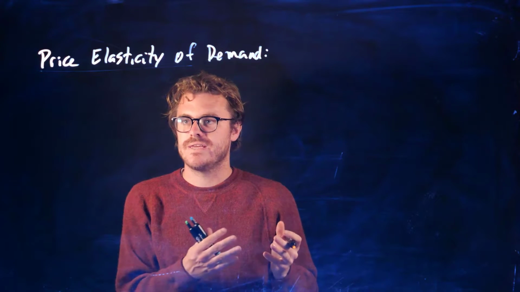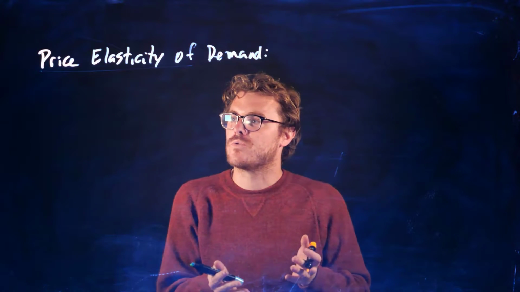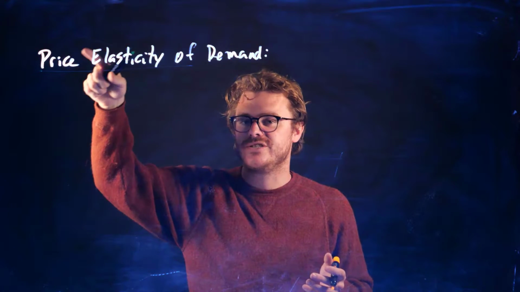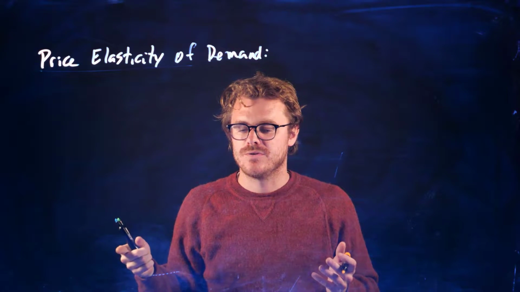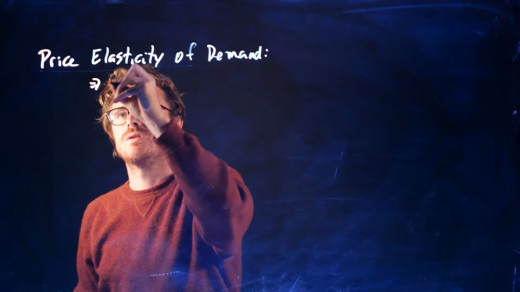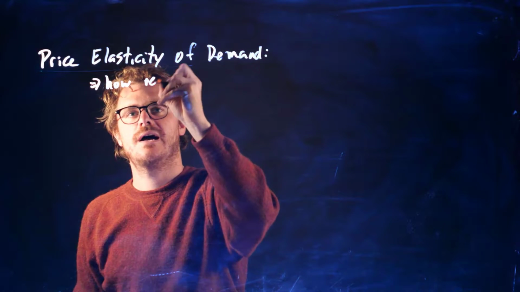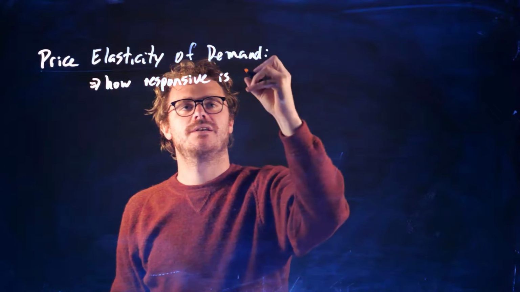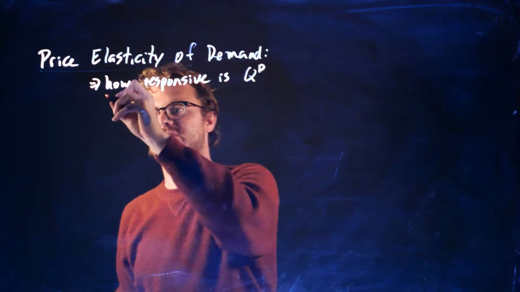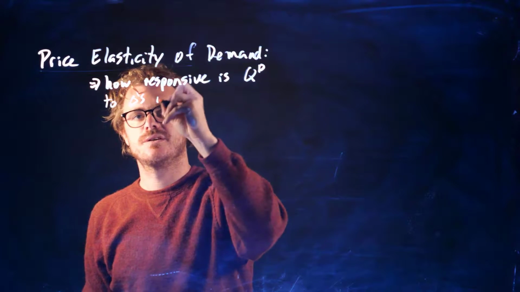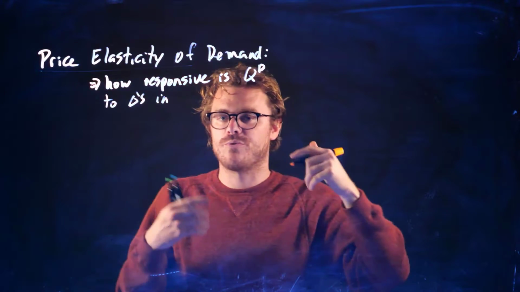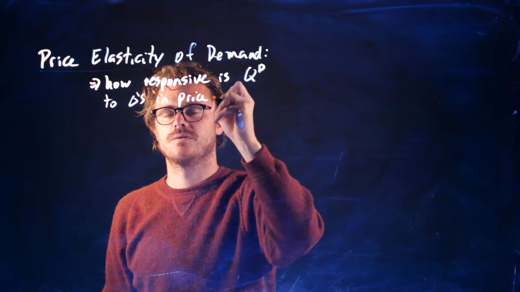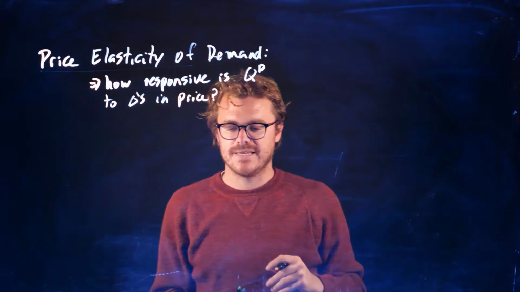And so what we're thinking here is how responsive is quantity demanded to changes in price, right? How responsive is quantity demanded to changes in the own price, like the price of this good? So that's the idea here.